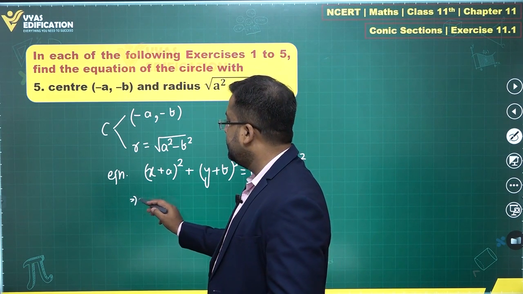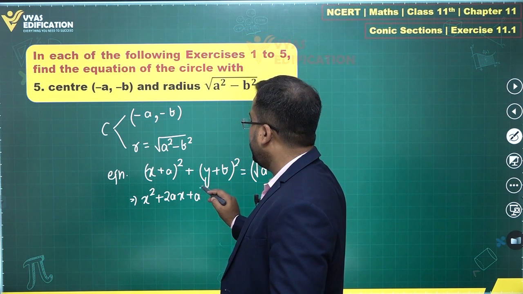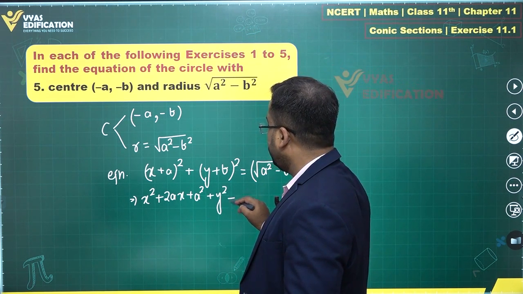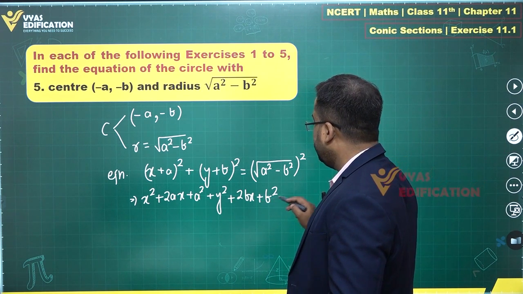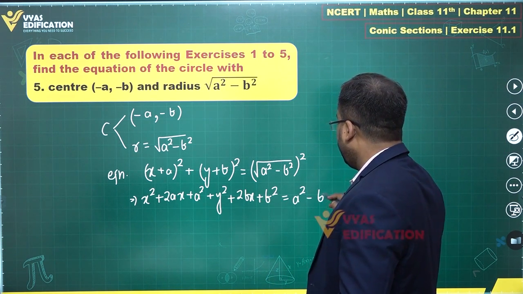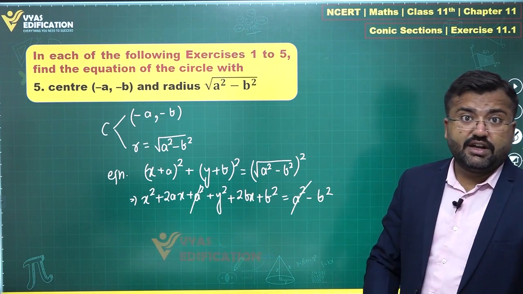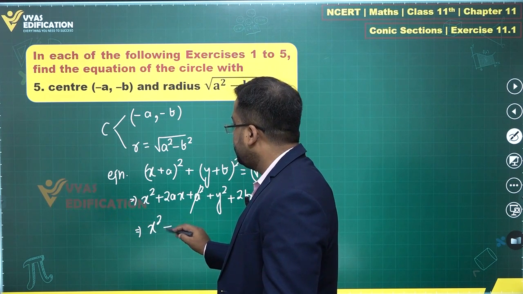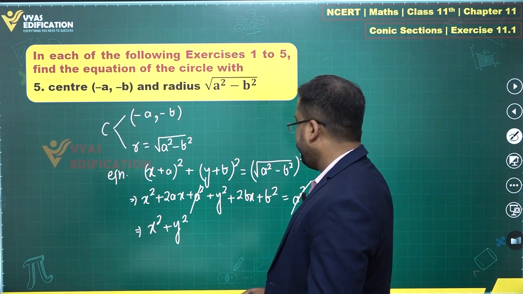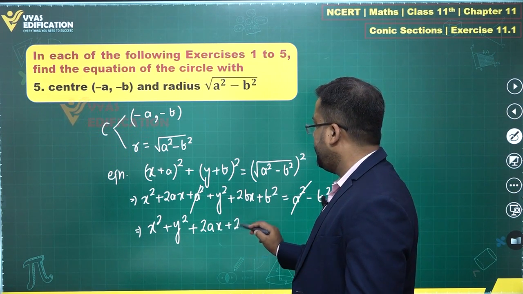Let's simplify this further. This is x square plus 2ax plus a square, plus this is y square plus 2by plus b square, and this here is a square minus b square. If you observe carefully, this a square will get cancelled with this a square, right? And what will remain is x square plus y square plus 2ax plus 2by.